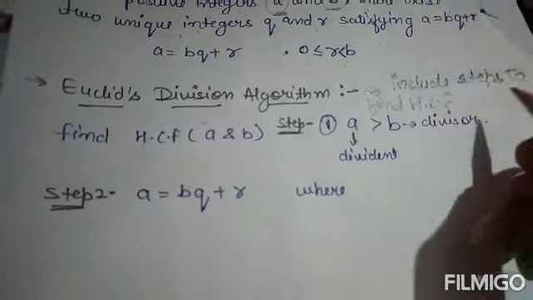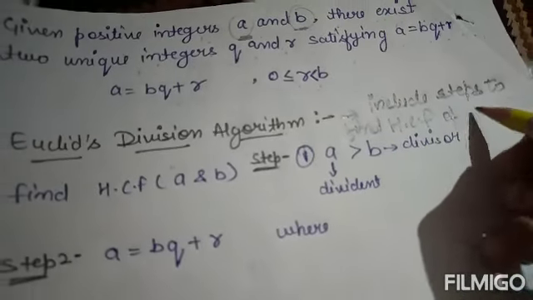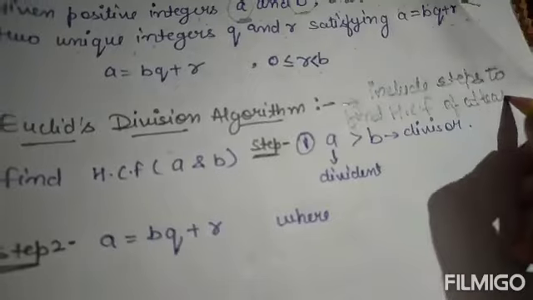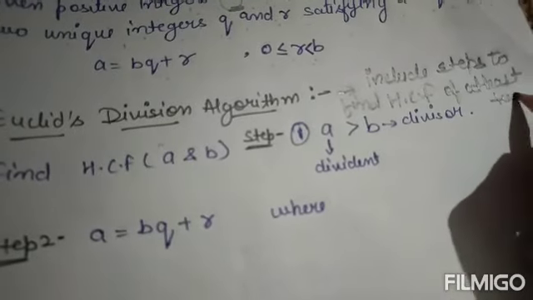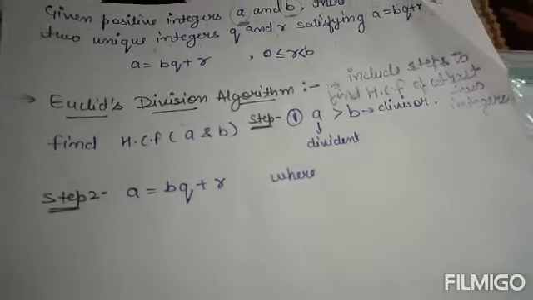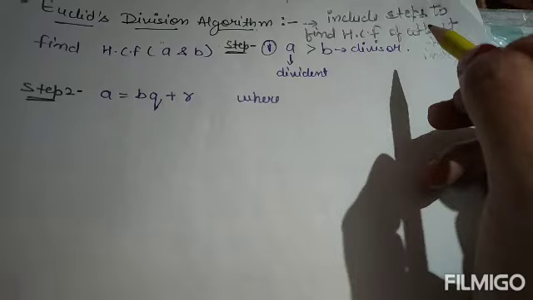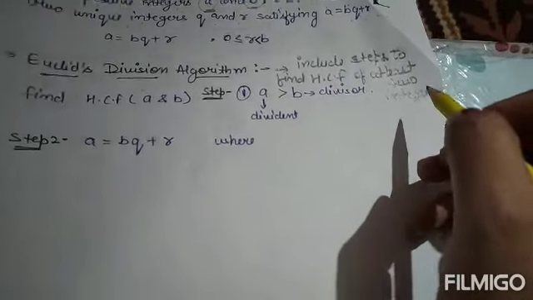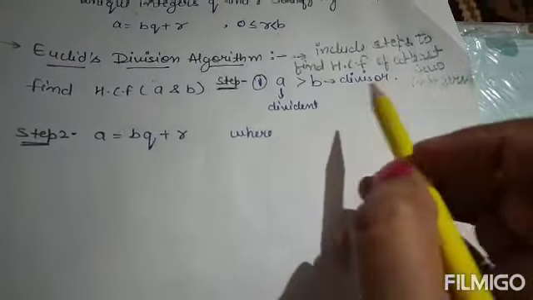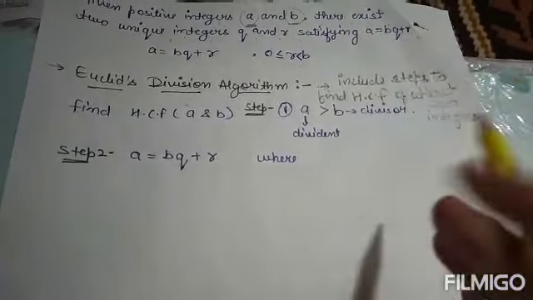HCF. You know HCF, highest common factor, of at least two integers. The minimum will be 2, the maximum can be any number, but there should be at least 2 numbers to find the HCF.